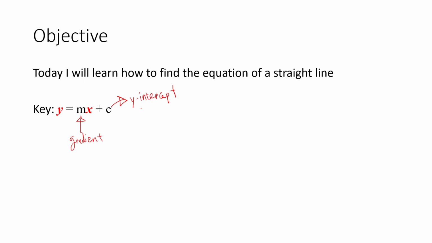Now, while I said all the equations of a straight line will follow this format, just keep in mind there are two exception cases whereby it only has y is equal to something or x is equal to something.